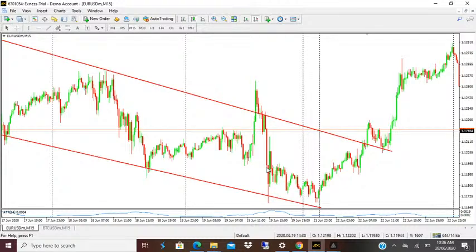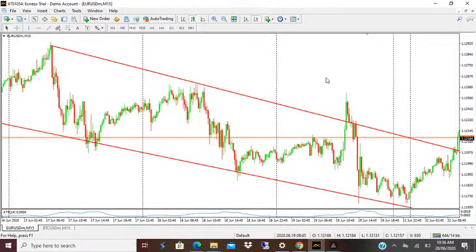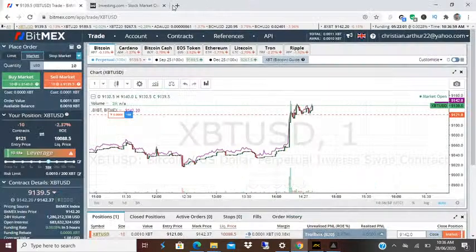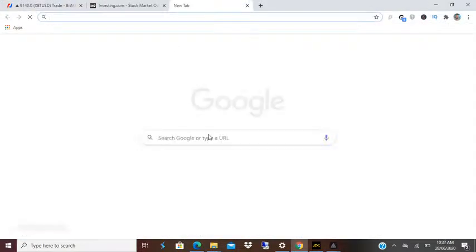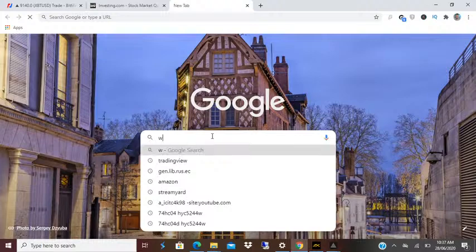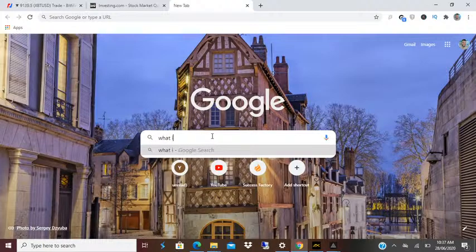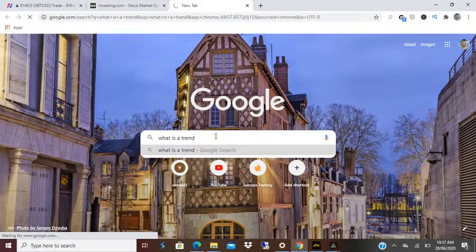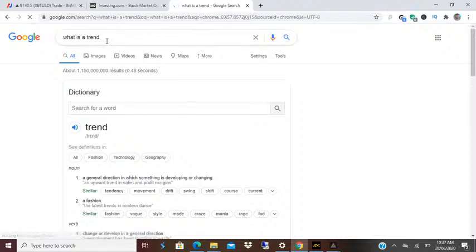So if I want to learn, just go to Google and type what is a trend, and you will get information on trend. What is a range in the market.